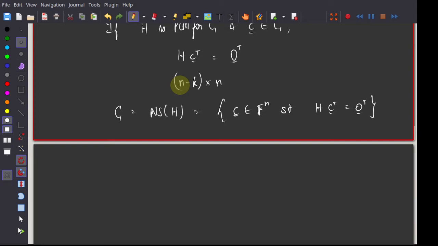So if I give you a particular matrix, is there some relationship between the dimension of the null space and the rank of the matrix?